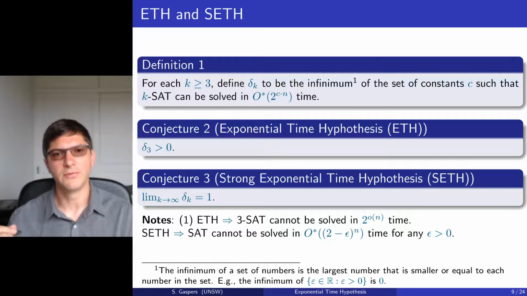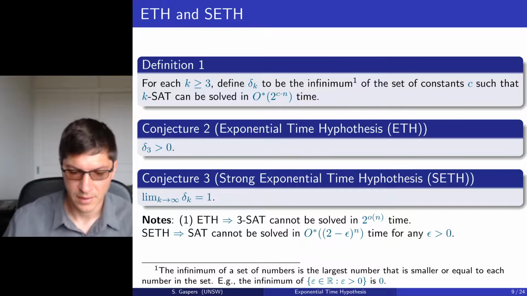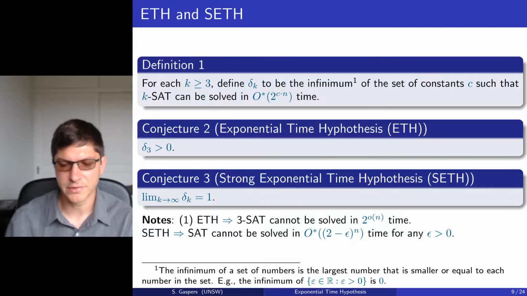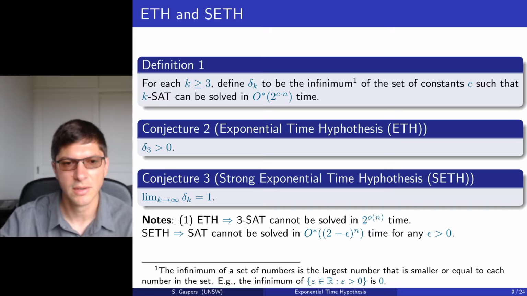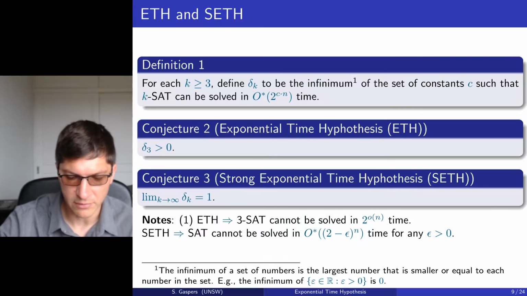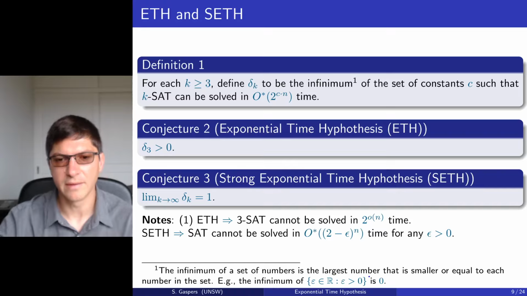Well, the infimum is much nicer for an infinite set. The infimum of a set of numbers is the largest number that is smaller or equal to each number in the set. For example, the infimum of all the numbers that are greater than 0 is 0.